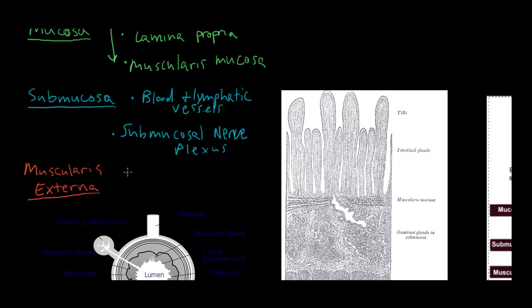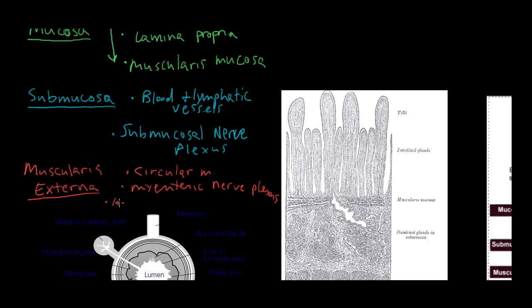We have a circular muscle layer. Then we have a myenteric nerve plexus.